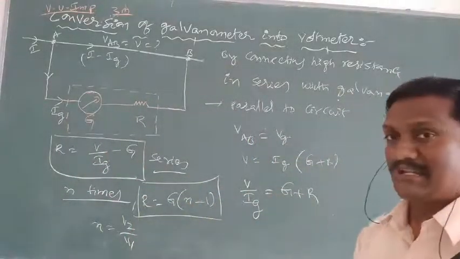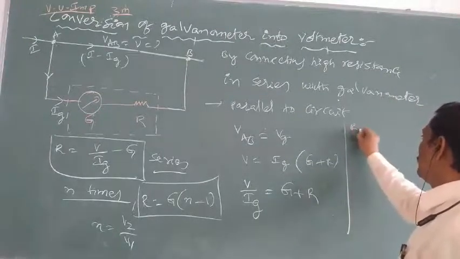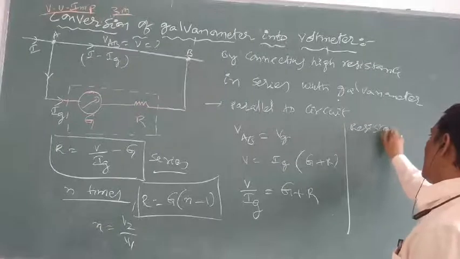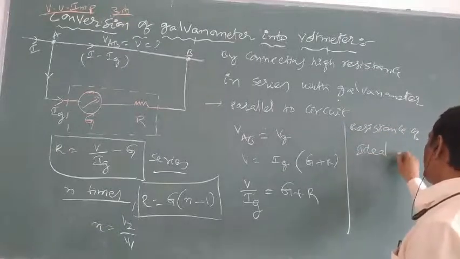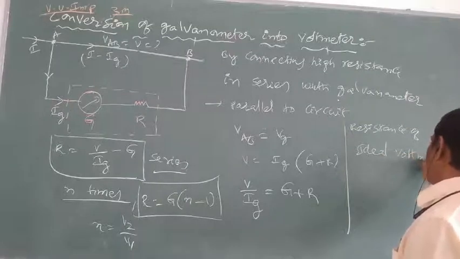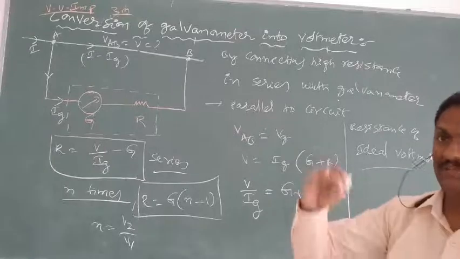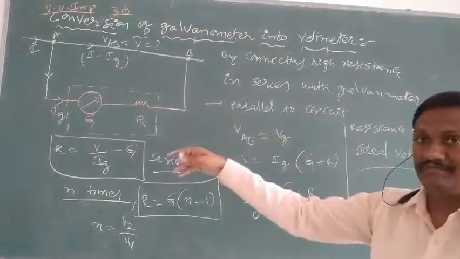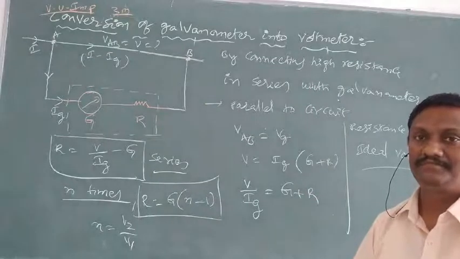Next, for a voltmeter, what is the resistance of an ideal voltmeter? The resistance of a voltmeter is always high, because a high resistance is connected in series. In a series combination, the effective resistance is increased.